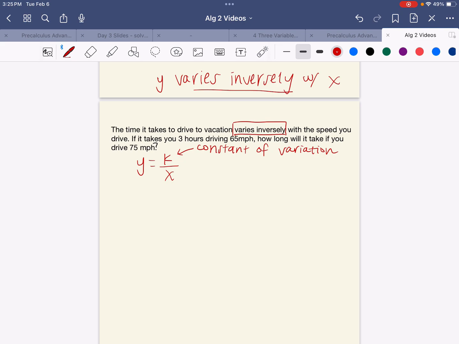So the time it takes you to drive to vacation is going to be y, while the speed you drive is going to be x. The next statement gives us an x and a y. It says if it takes you 3 hours, so 3 hours is a y, it's a time, so I'm going to plug that in for y. And you're driving 65 miles per hour, that's an x.